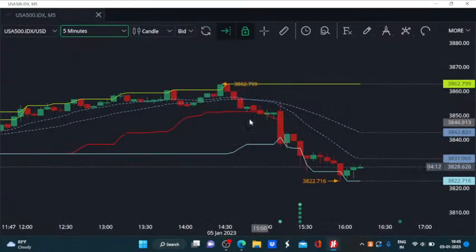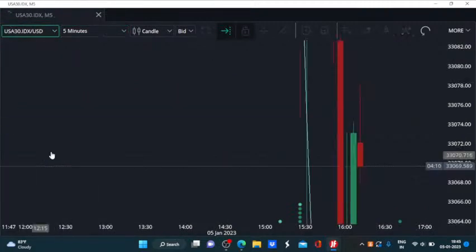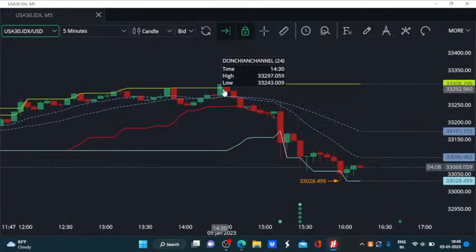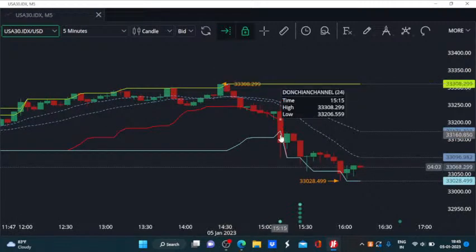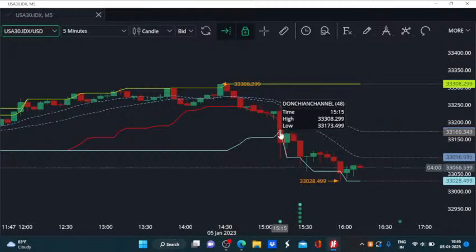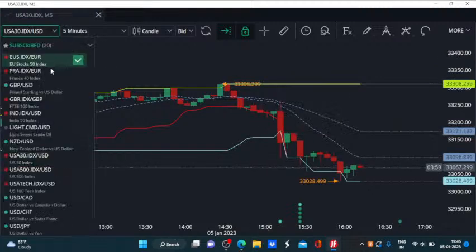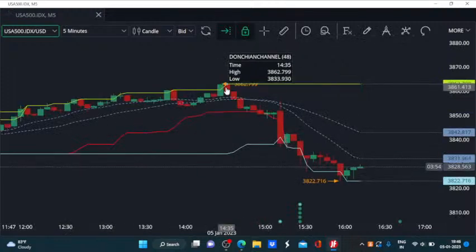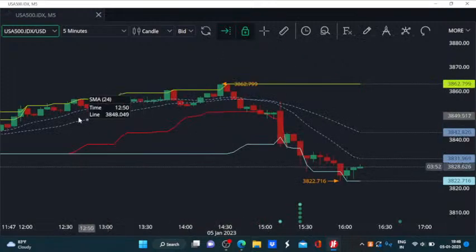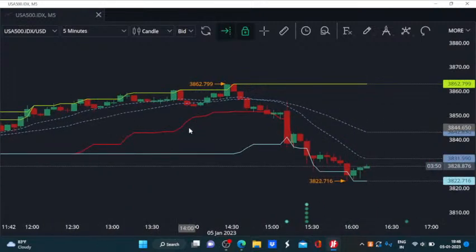Now to look at the relative strength and weakness, let's consider this immediate swing high and swing low formation. This came in at 14:35 GMT, and after that the low at 15:15 GMT. For the S&P 500, the timeline is the same, so there is not much of a difference.